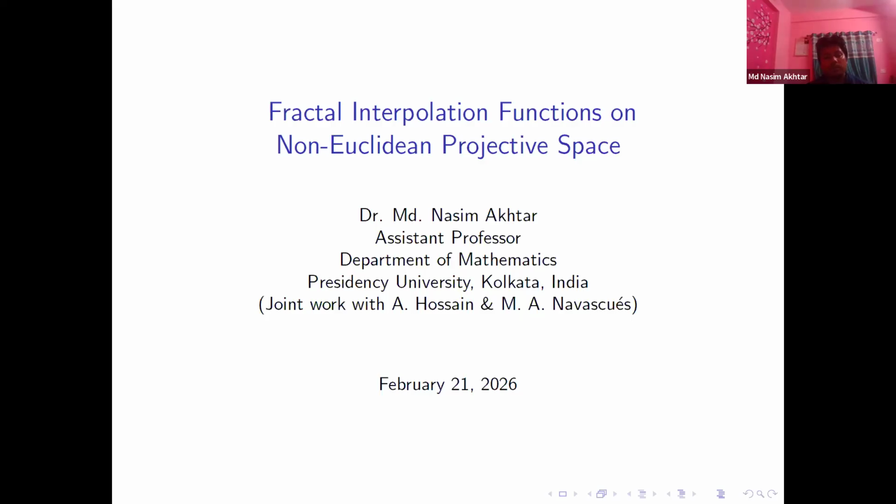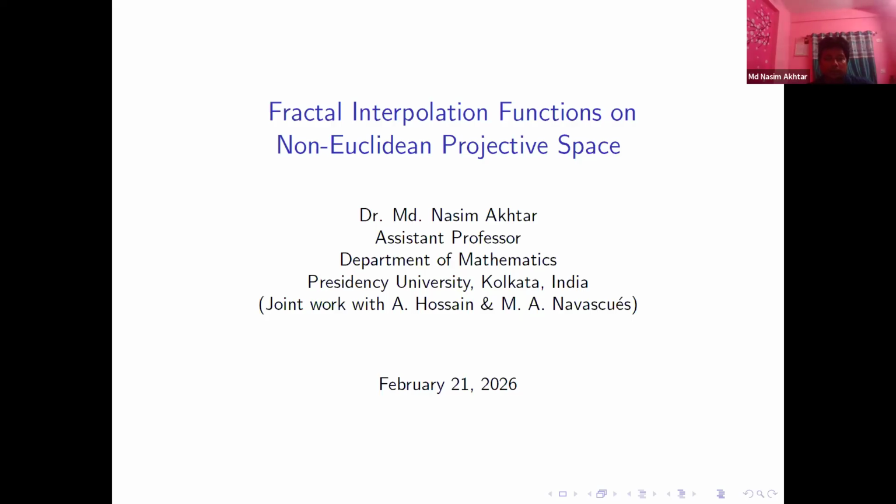The title of my talk is Fractal Interpolation Functions on Non-Euclidean Projective Space. Barnsley introduced the construction of fractal interpolation functions on the Euclidean plane R2. After that, many works have been carried out in that direction for the construction of various types of fractal interpolation functions on various Euclidean spaces.